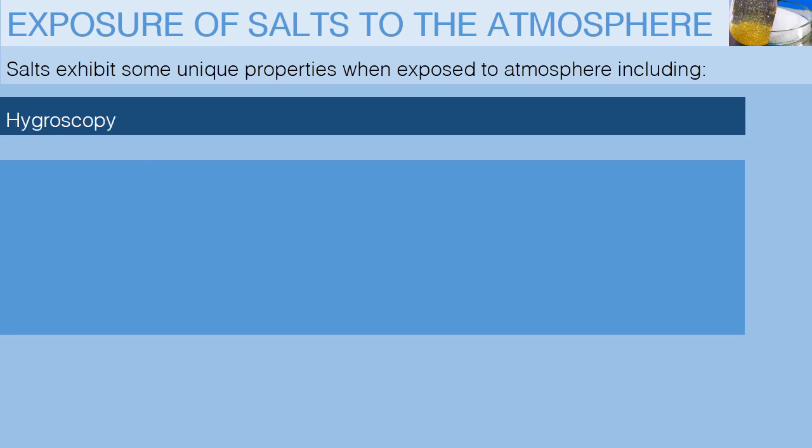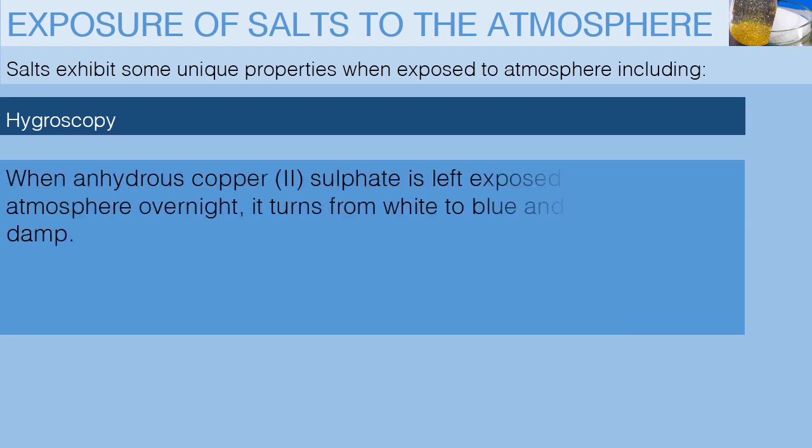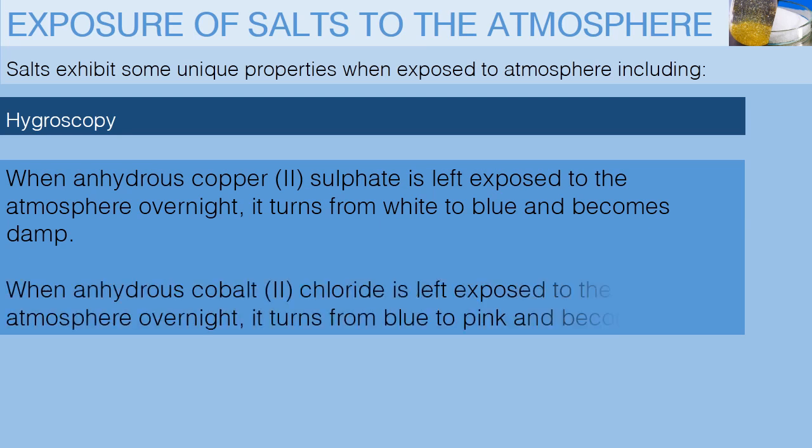The next interesting property is known as hygroscopy. When anhydrous copper 2 sulfate is left overnight exposed to the atmosphere, it will turn from white to blue and becomes damp. In a similar way, anhydrous cobalt 2 chloride will turn from blue to pink and becomes damp.